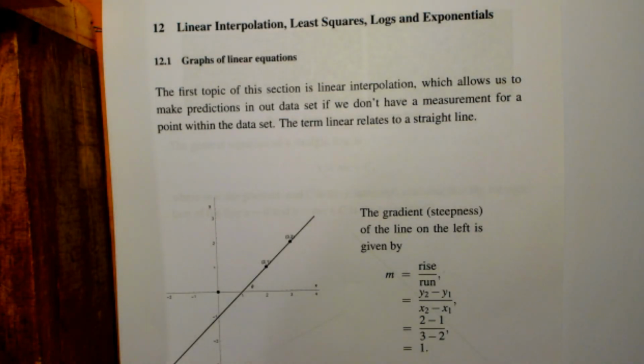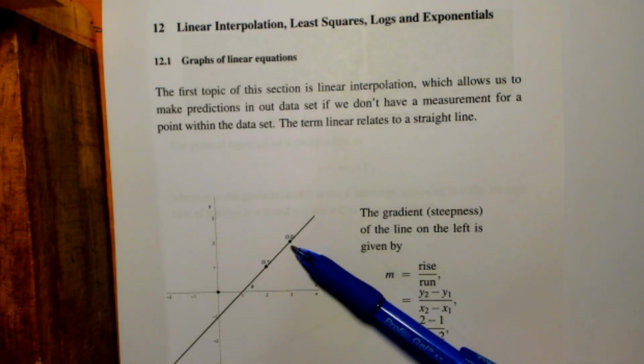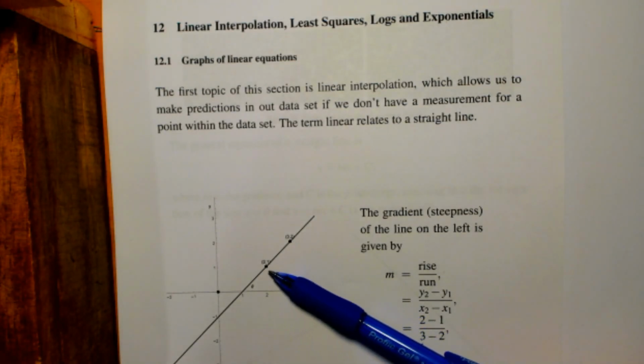So let's go over how we construct a line. Given 2 points, say (2, 1) and (3, 2), we can form the slope by just rise over run.